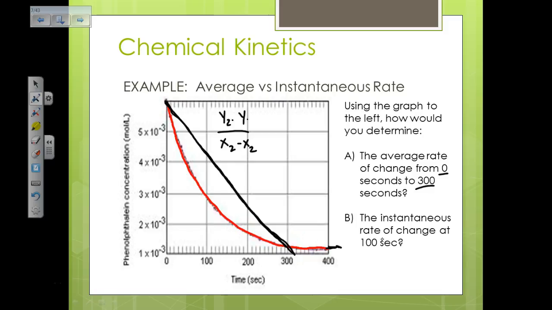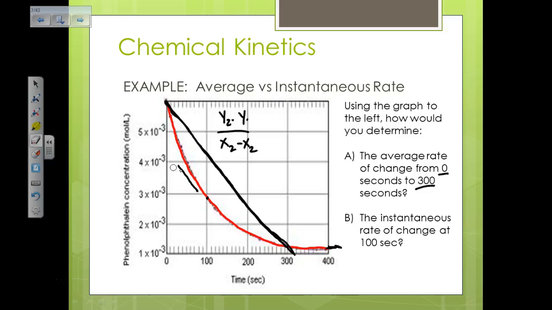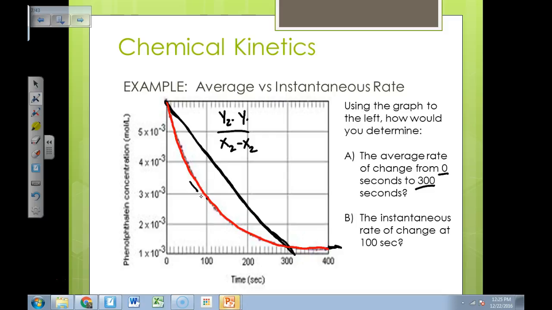The instantaneous rate of change is determined a little differently. We're going to go to 100 seconds, and we're interested in that point. Now we're going to draw a tangent line. Let me make sure that I draw my tangent line well here. I have to try to erase it so that it's going to look good.